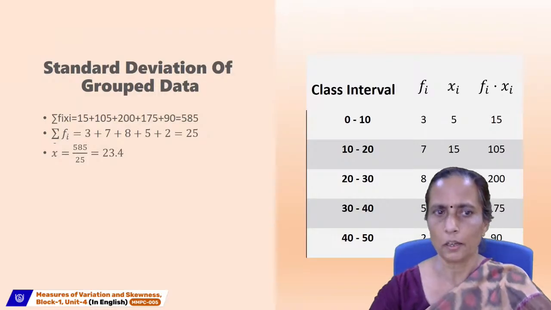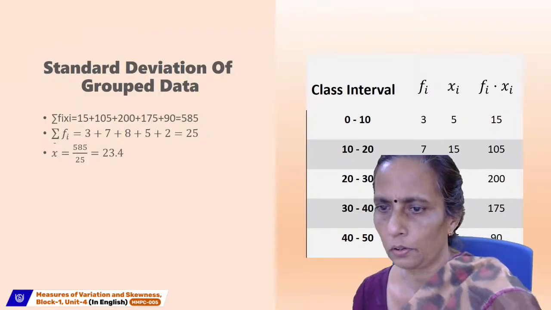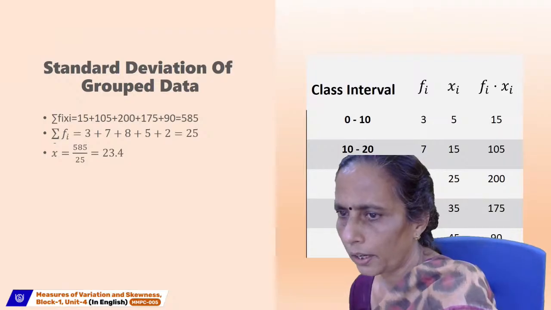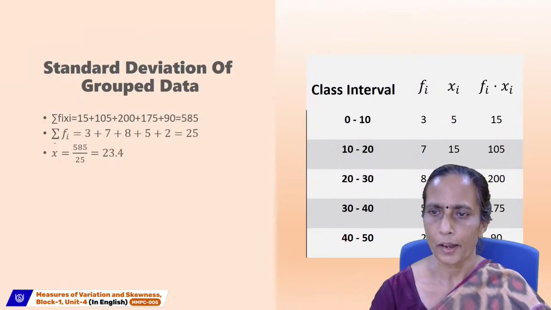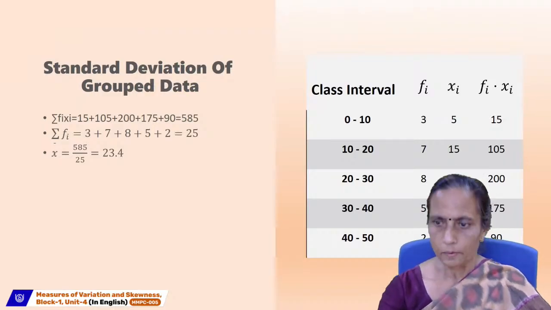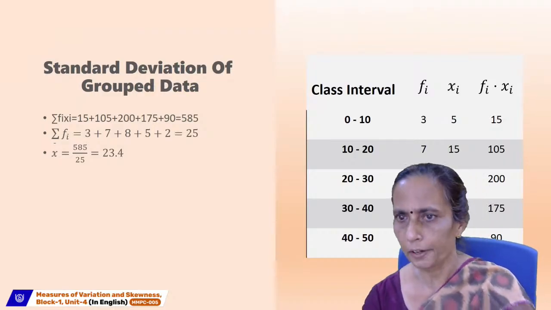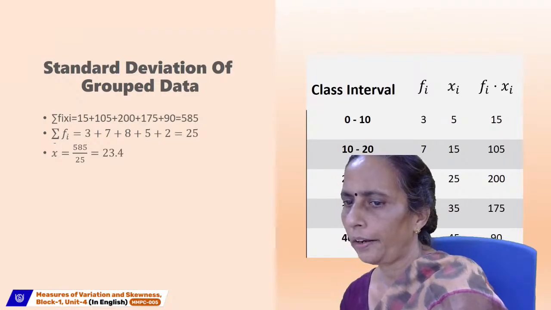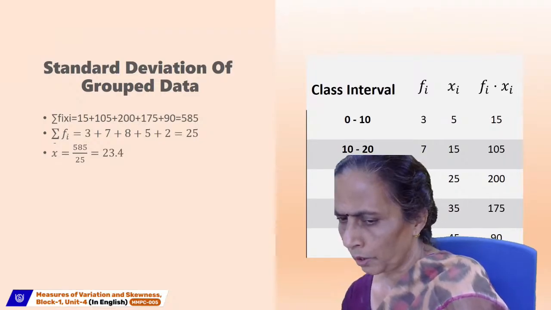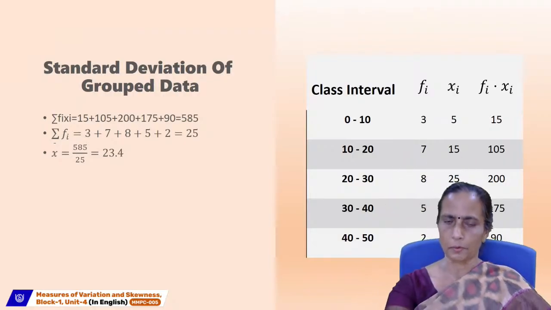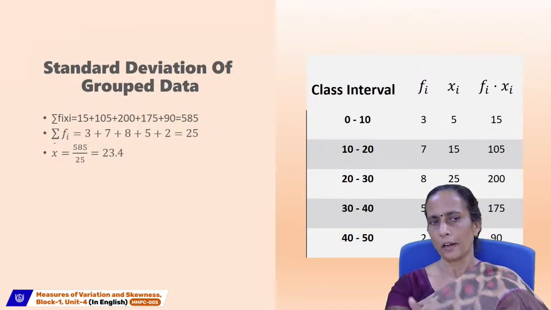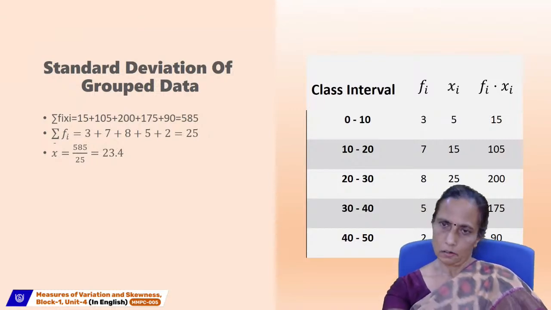Adding all this in this particular column, summation fi xi is 585, divided by the total frequency, that is 3, 7, 10, 18, 23, 25. So 585 by 25 is equal to 23.4, which is the mean of this particular frequency distribution.